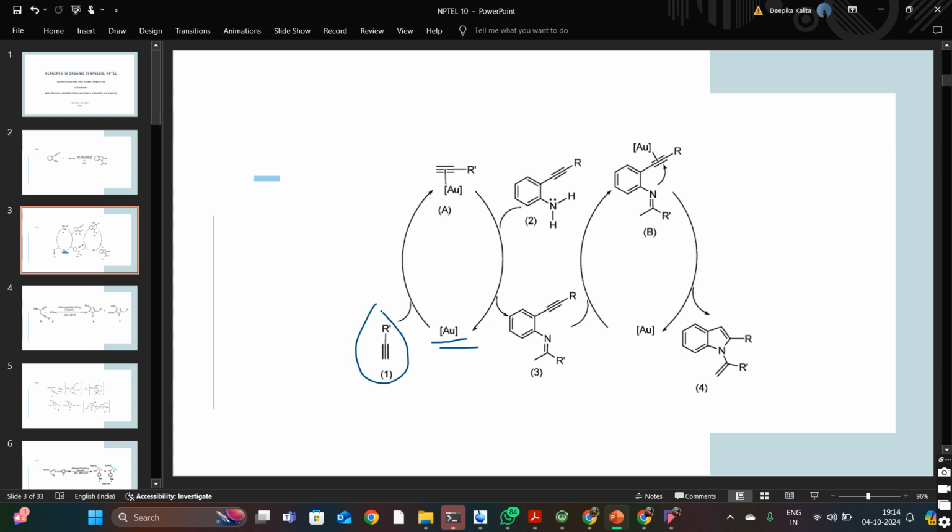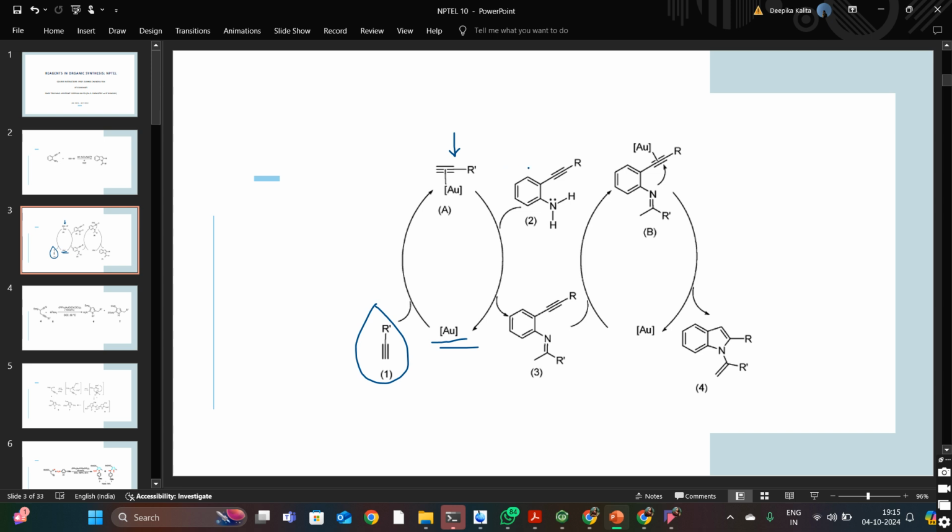Okay, and it is basically going to activate our terminal alkyne in this way. So you will get a coordination complex between the gold and the terminal alkyne of this type, which is now going to react with the aniline.